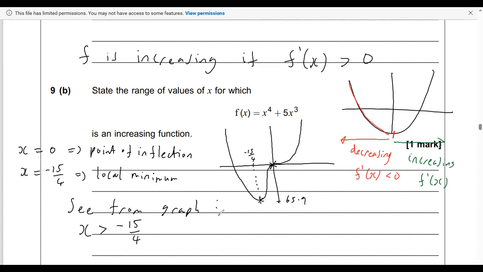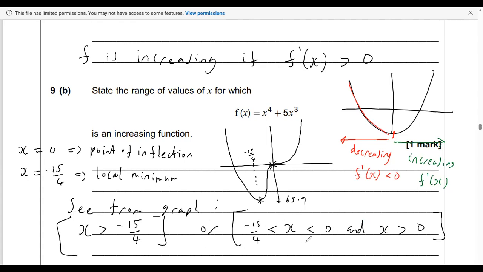They're quite lenient with this in the mark scheme. So you could either say when x is greater than minus 15 over 4, or you could say when x is greater than minus 15 over 4 and less than 0, and when x is greater than 0. You could say either of those as your set of x values when it's increasing.